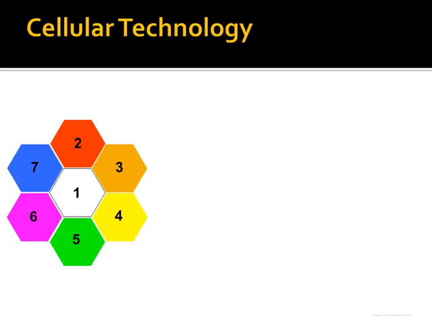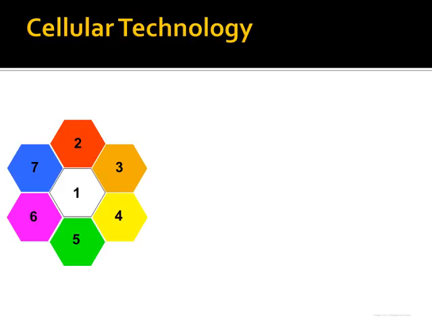What cellular does is take that fact that those circular areas are one tower, and that where we put them close together, their areas overlap. So there'll be an area. If I'm standing in the middle of 1 and 4 here, and I'll explain what 1 and 4 are in a minute, there's an area in here where I'm going to hear both 1 and 4 equally well. We'll come back to that thought in just a second.